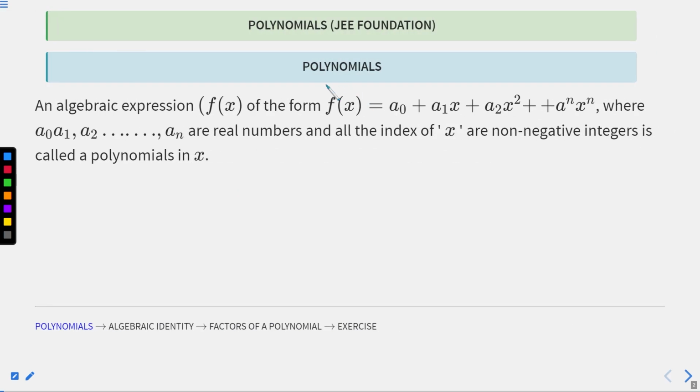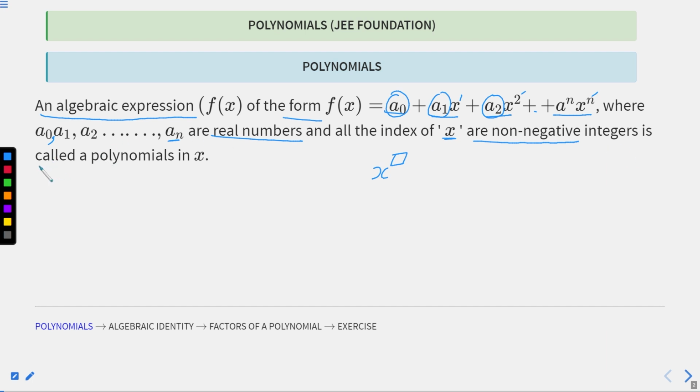So first of all, what is a polynomial? A polynomial is an algebraic expression of the form a naught plus a1x plus a2x squared, up to a n x to the power n, where a naught, a1, a2 up to a n are real numbers, and all the indices of x, that means the powers of x, 1, 2 up to n, are non-negative integers.